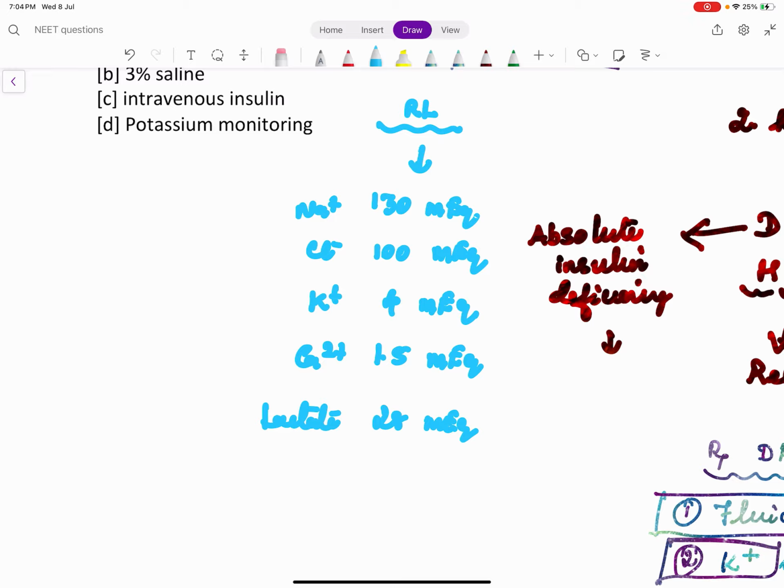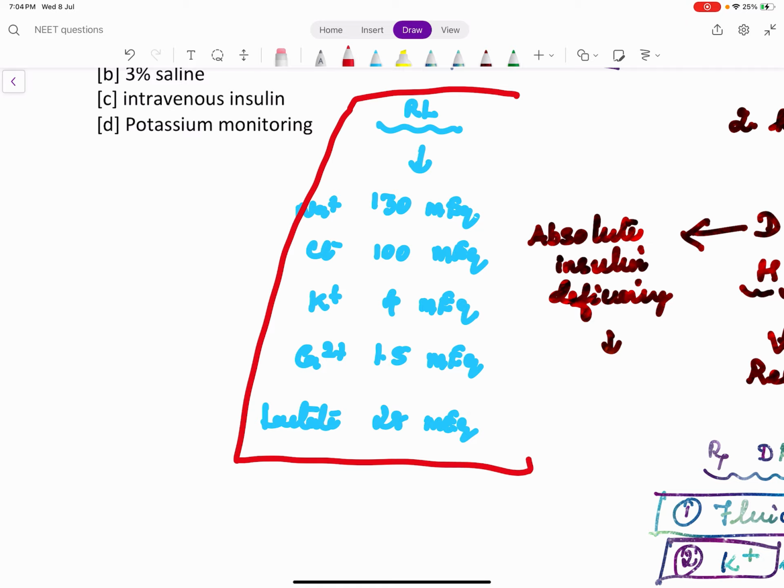So normal saline contains only sodium and chloride, whereas Ringer's lactate contains sodium, chloride, potassium, calcium and lactate.